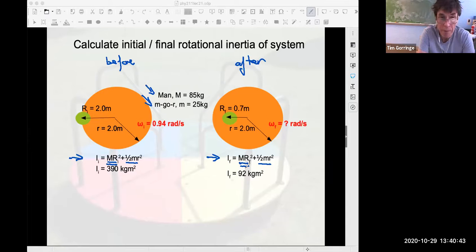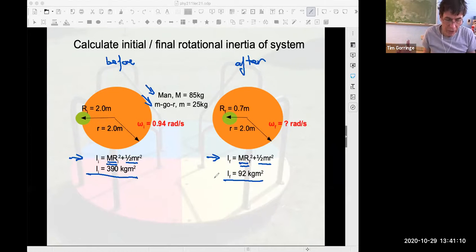That changes the moment of inertia of the entire arrangement, just like pulling my arms in, or was it Natalie, the ice skater, pulling her arms in changed her moment of inertia. Okay, so I did the calculation for the initial moment of inertia, the final moment of inertia. Actually, they're quite different. 390 kilogram meter squared initially, 92 kilogram meter squared finally.